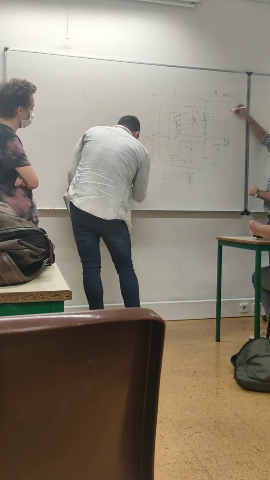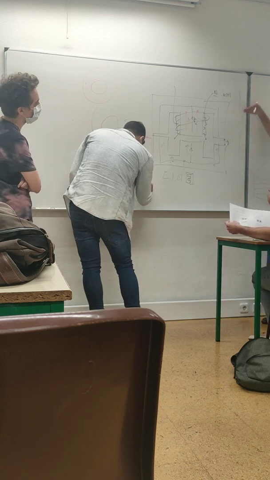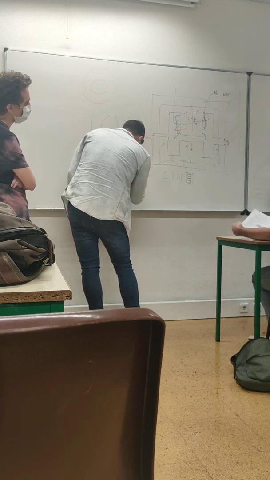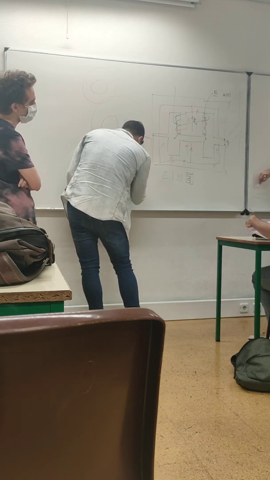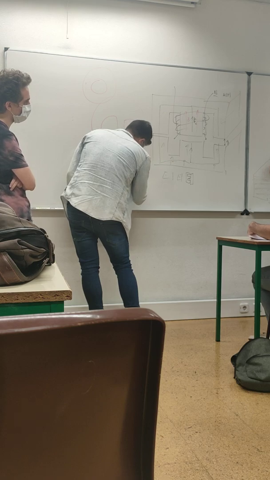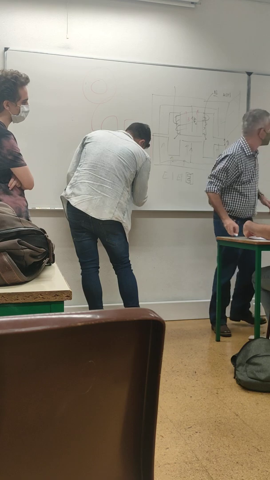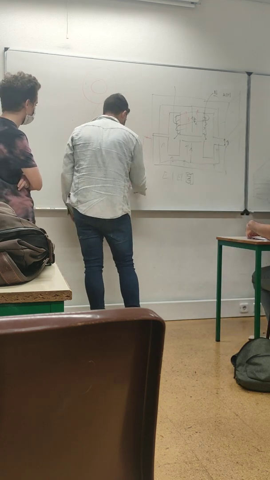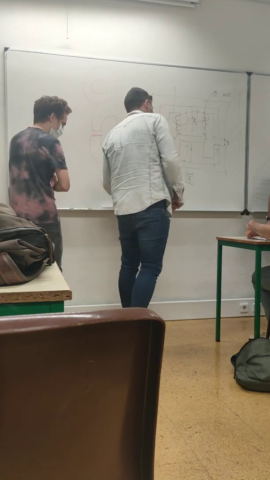But if you have the flux coming here, in this direction, it is cutting here. So you have a lot of varnish here, so the magnetic reluctance is here. It is bad. You see?